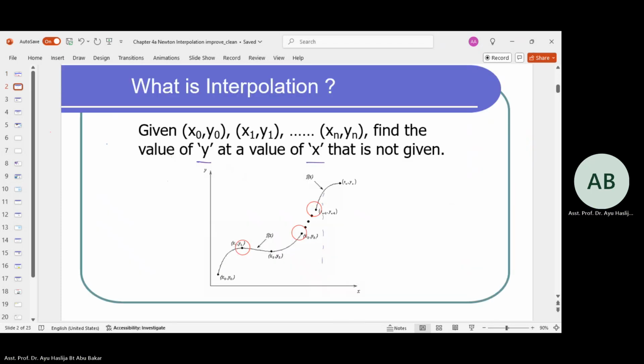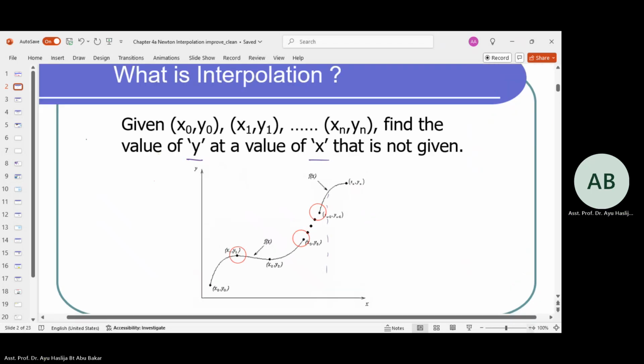Now, let's say you have some polynomial, this kind of curve. You have these given values of points, but you need to find the unknown value here.